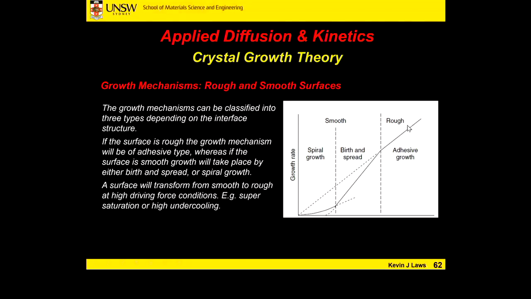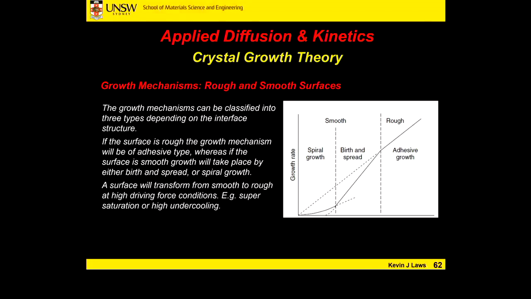For adhesive growth, the driving force for solidification and growth is going to be very, very high, so we might have very high undercooling or very large cooling rates. What this does is invoke this adhesive growth. Here we have molecules or atoms coming very quickly to our surface, growing wherever they attach, and not enough time for them to diffuse over the crystal surface. When these atoms don't have time to diffuse over that crystal surface to attach to lower energy sites, we get rapid growth in a specific direction, or we get rough surface growth.